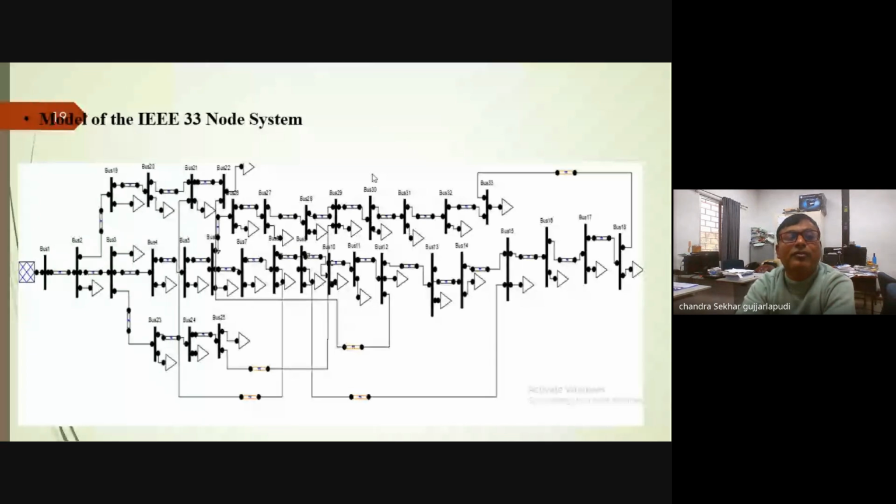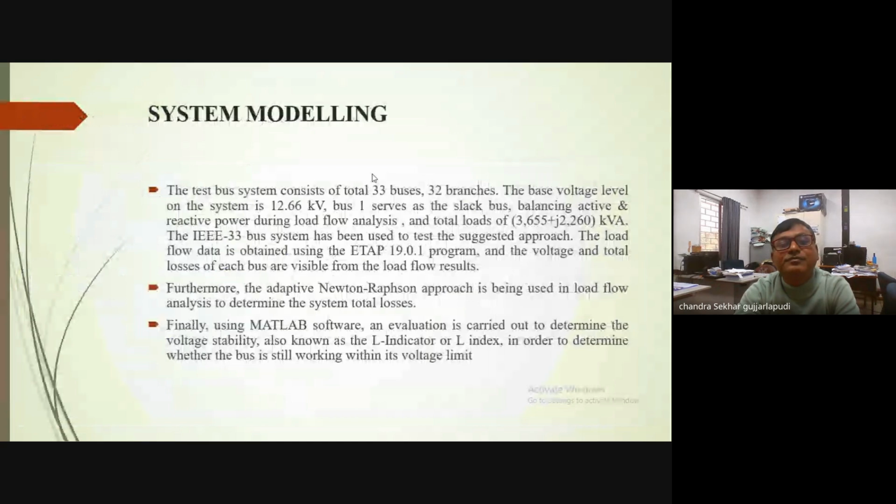Now for the case study in the present discussion, we have considered a 33 node system. In this 33 node system, we have a total of 33 buses, and the total number of feeder lines or branches is 32.